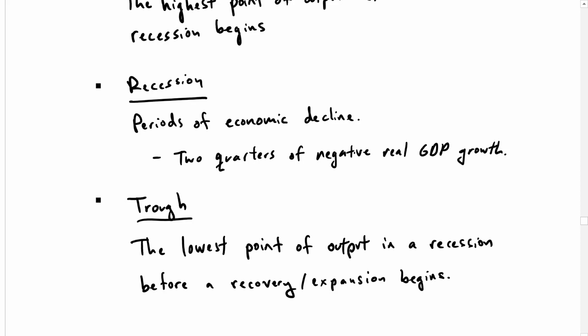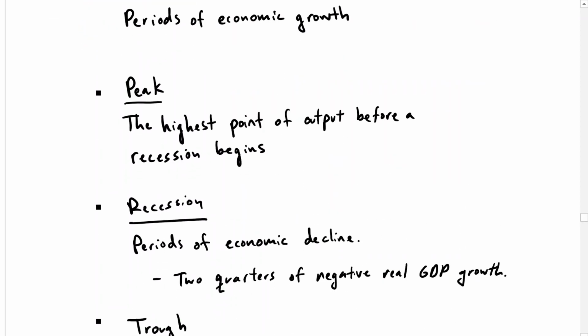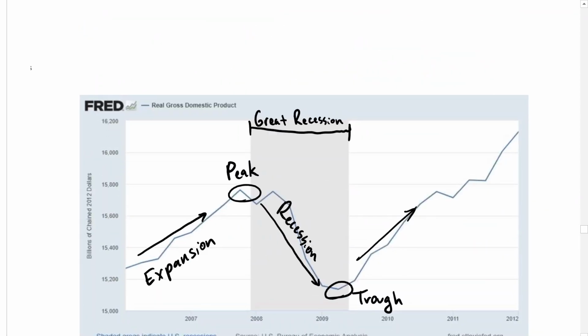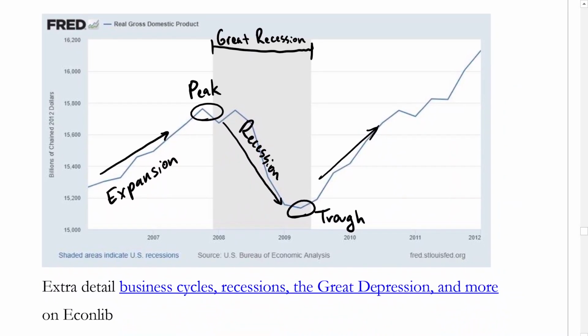Okay, and so there we have it. Expansion, peak, recession, trough. There's our business cycle right there.